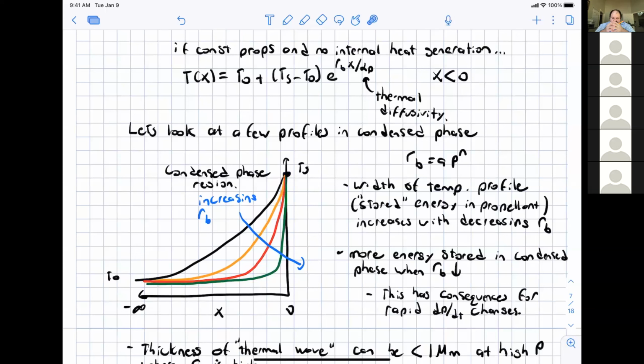Now, what can increase it is if I have an additional heat flux by, say, a laser or something like that, that is adding additional thermal energy to the surface. And then basically that will increase the heat flux going into the condensed phase propellant.